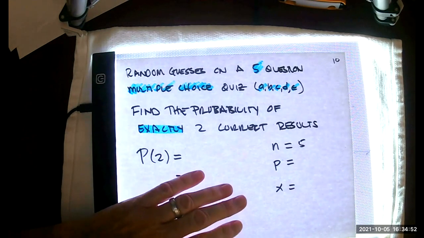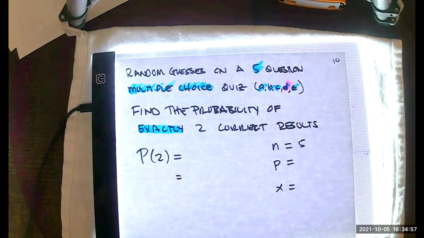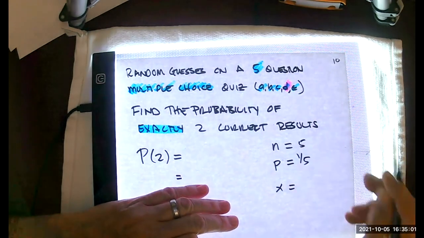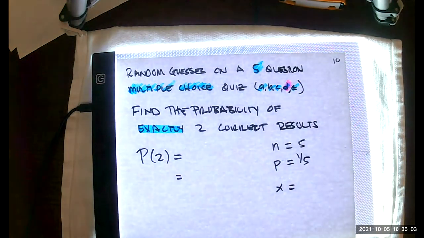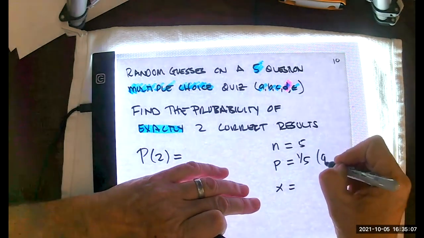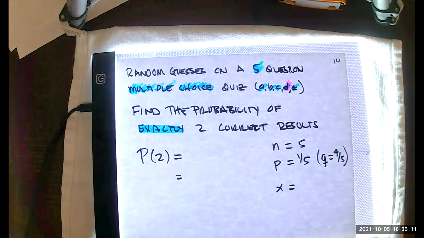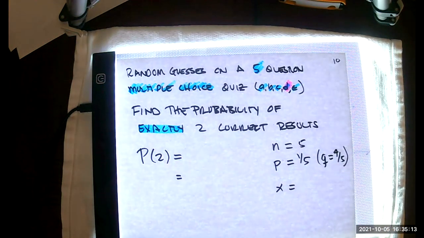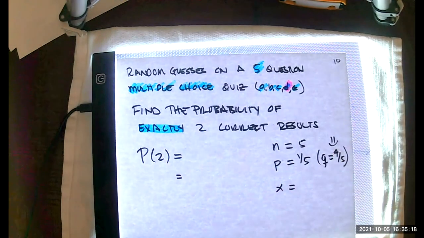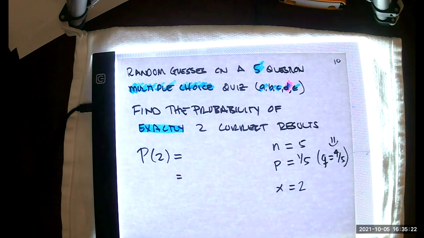On any one question, you're going to be guessing and picking 1 out of 5 possible results. So the probability of guessing correctly is 1 out of 5. And by the way, that means Q is 4 out of 5. We're not going to need it. Our calculator will find it just fine, but I do like to point that out. Exactly 2 correct guesses.